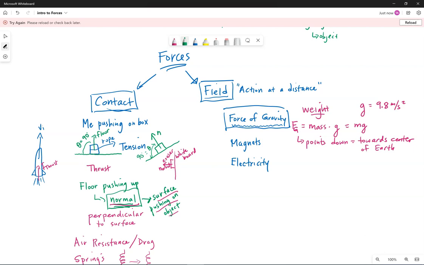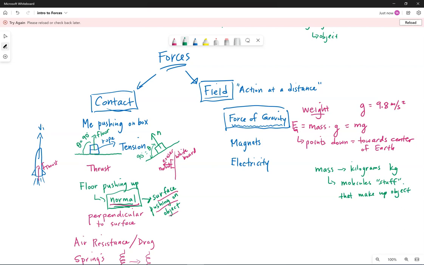What we mean by mass, SI units is measured in kilograms, so kg. Mass is representative of the molecules, the amount of stuff that make up the object. Any given object has a set mass.